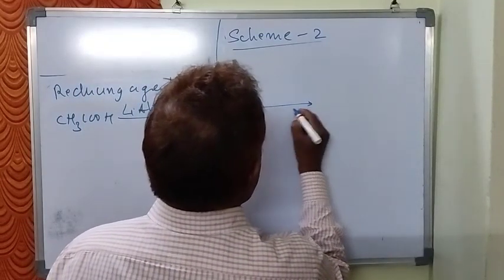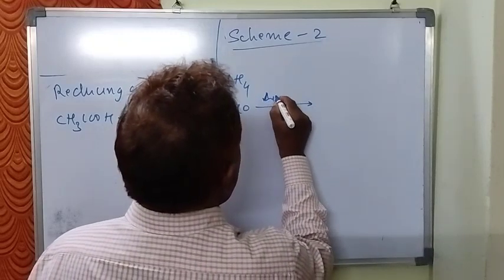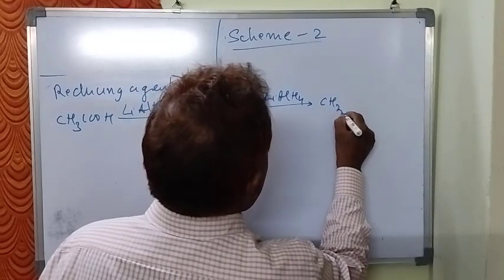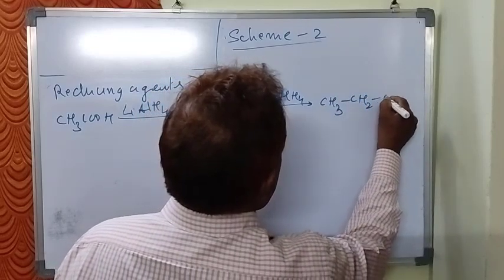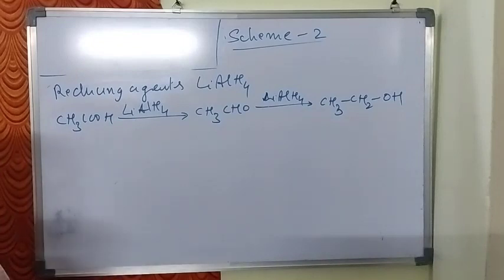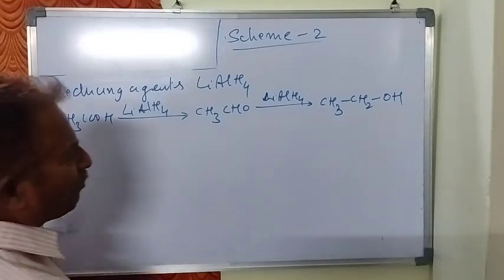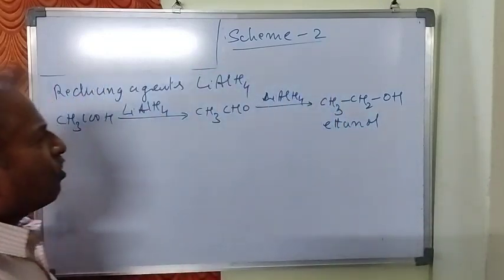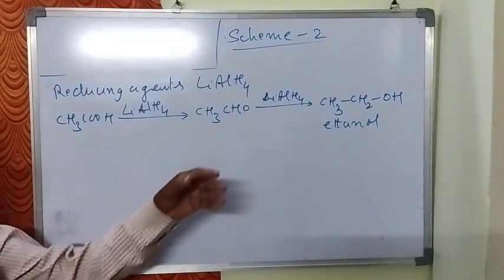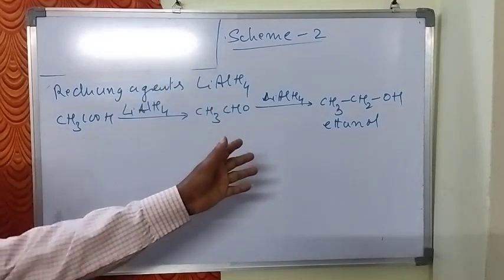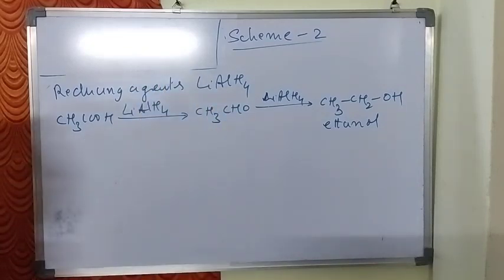Now, this is again lithium aluminum hydride. Therefore, we get CH3CH2OH. What happens here? Hydrogen is added. Therefore, this is ethanol. So, as LiAlH4 is a strong reducing agent, both the steps take place one after the other. Right.